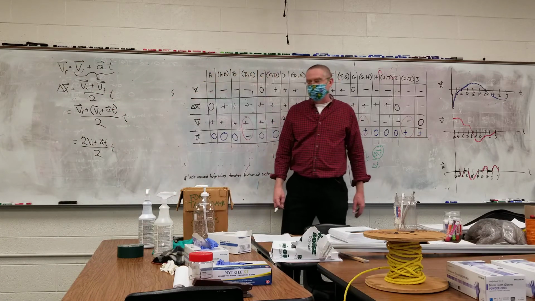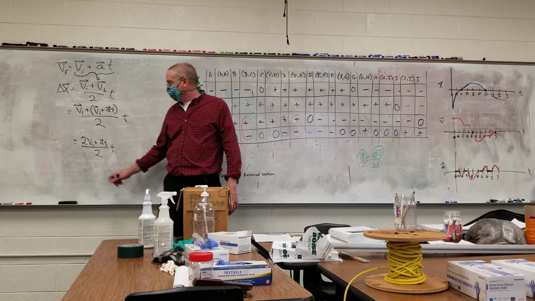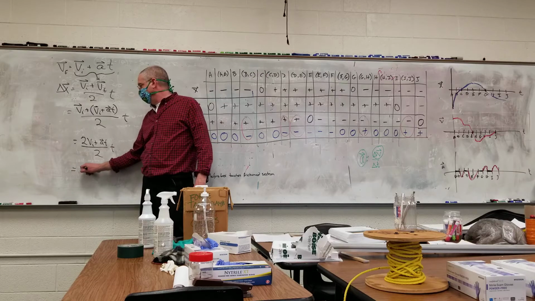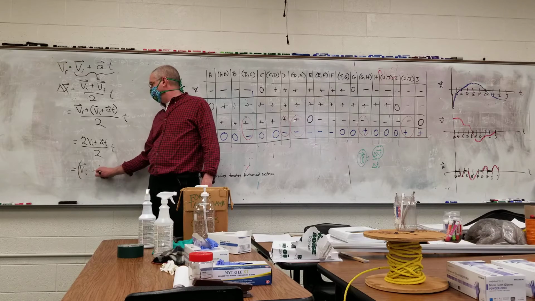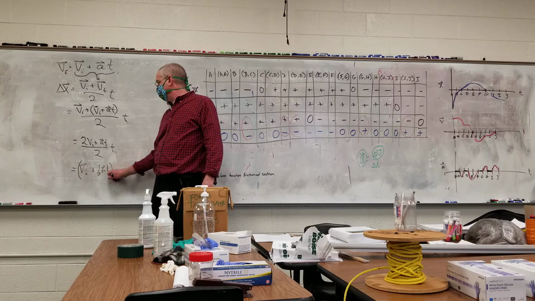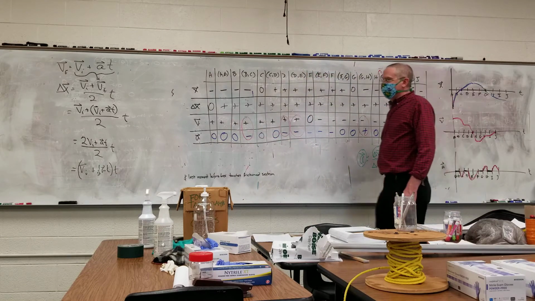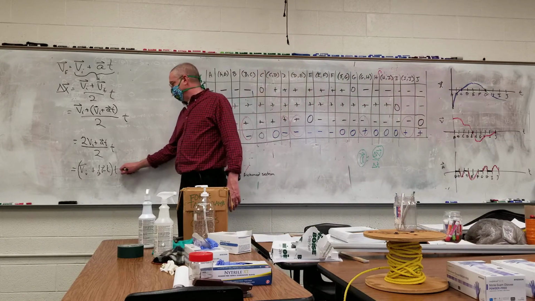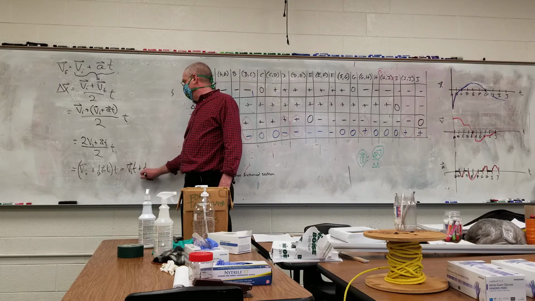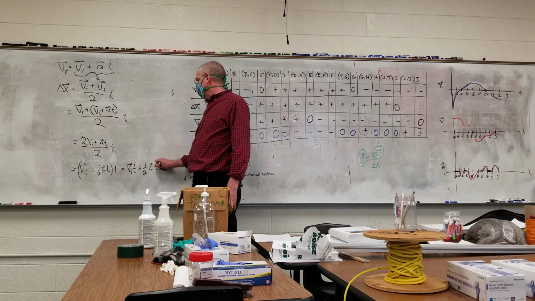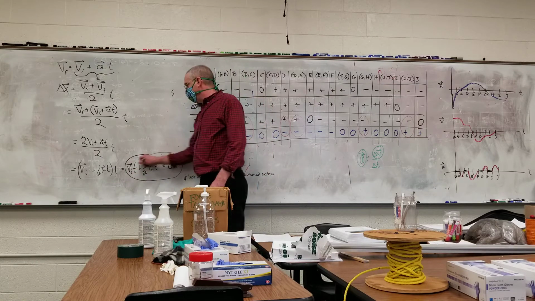I'm basically dividing this numerator by 2, so that becomes VI plus 1/2 AT times time. What I have in parentheses there is just the fraction. And then I distribute the time. So I end up with VI times time plus 1/2 AT squared. Go ahead and put the delta x back over on this side. And there we have the third one.